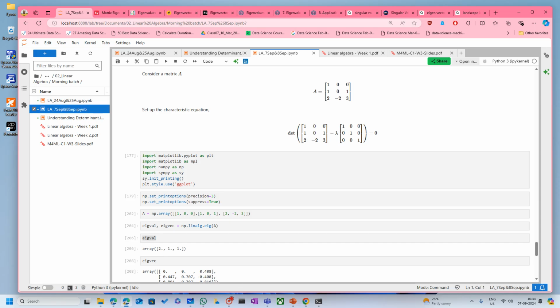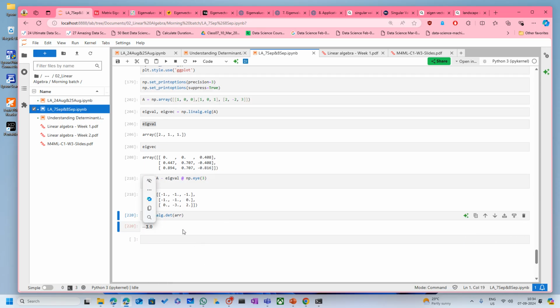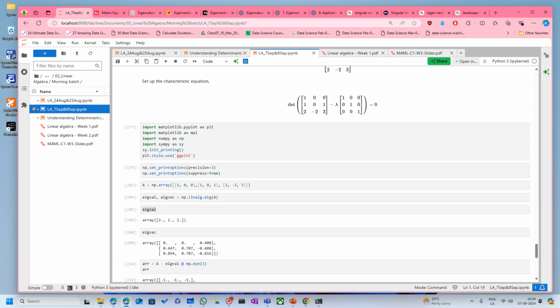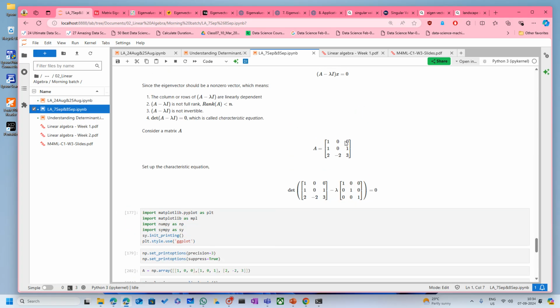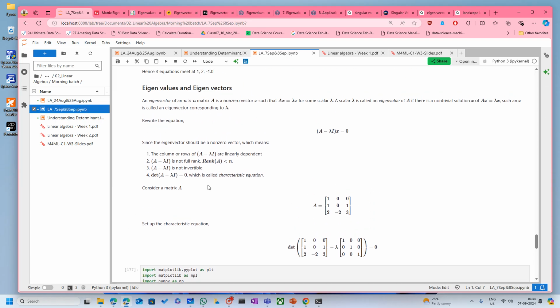Ideally, in this case the determinant is still not zero. Maybe when it is not zero, this particular matrix will not exhibit an eigenvector. If it is an eigenvector, then this condition should hold true.